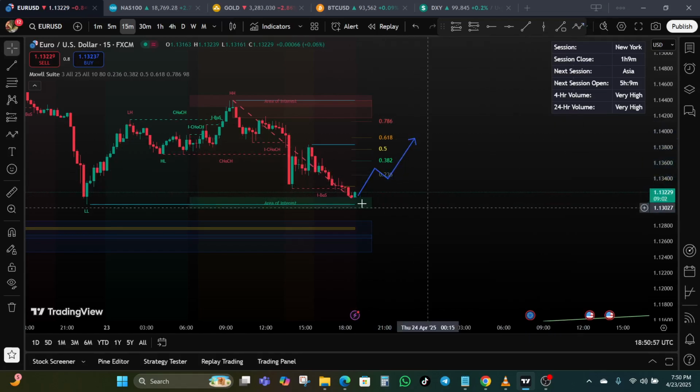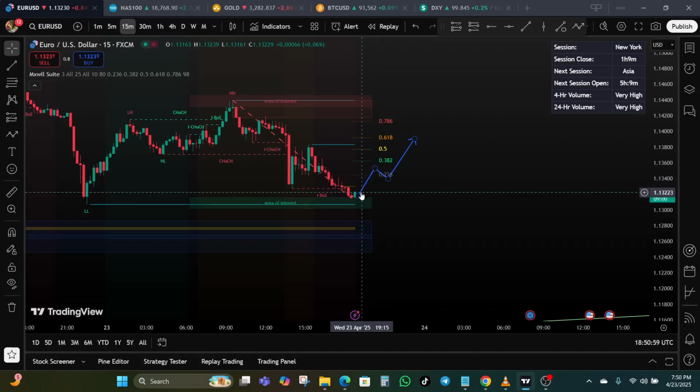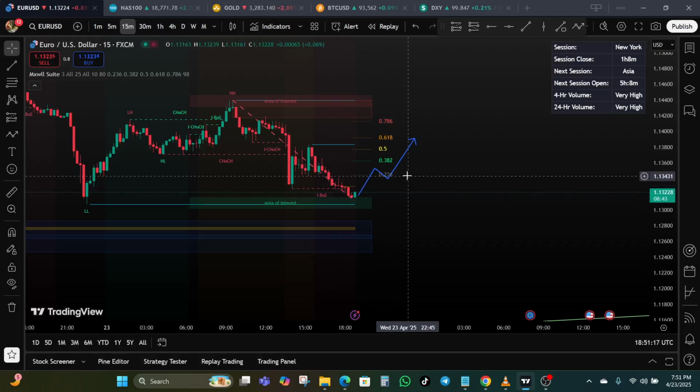Perhaps price is going to form a higher high, maybe a higher low, and then break that newly formed higher high, showing that a bullish structure has started forming. If you get that, it could be a confirmation for a buy trade.